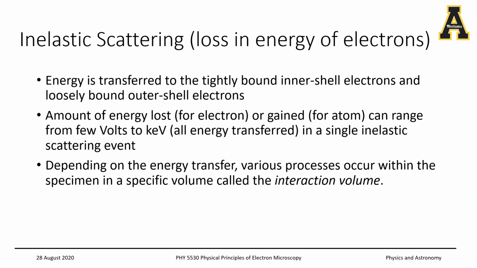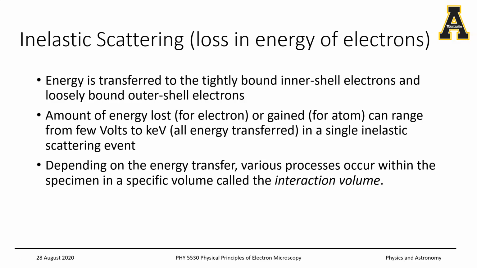So just to recap, elastic scattering is related to no loss of energy and momentum. But inelastic scattering is a more realistic process that is going to happen because the electrons, as they impinge on the specimen, are going to lose energy, and as a result there are going to be multiple processes that occur.